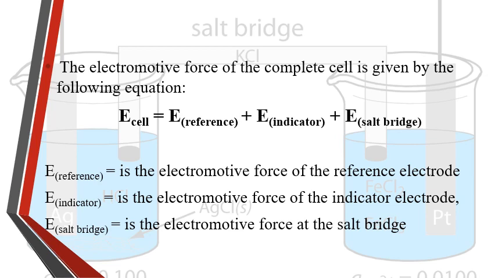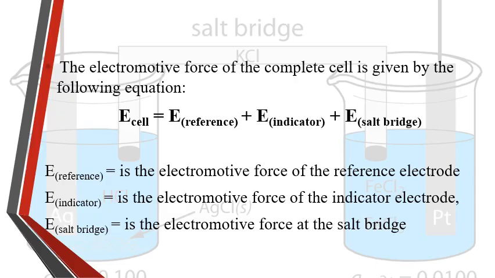The salt bridge, that is EJ, as I said in the previous equation. This term accounts for the electromotive force at the salt bridge, which connects the two half cells of the electrochemical cell. The salt bridge minimizes the liquid junction potential, that is the voltage difference that can occur when two different solutions come into contact, and completes the circuit.